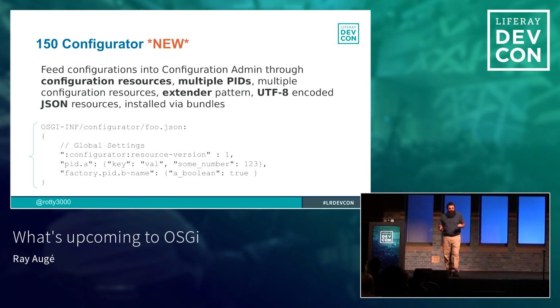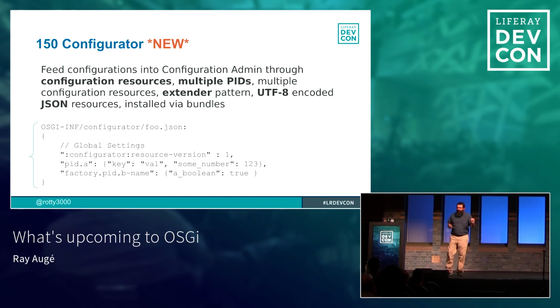Configurator is a really nice new specification for handling configuration, a specified, standardized way of using resources to configure your framework. You've probably seen that Liferay uses Apache Felix File Install for configuration files, and this is just a specified version similar to that.